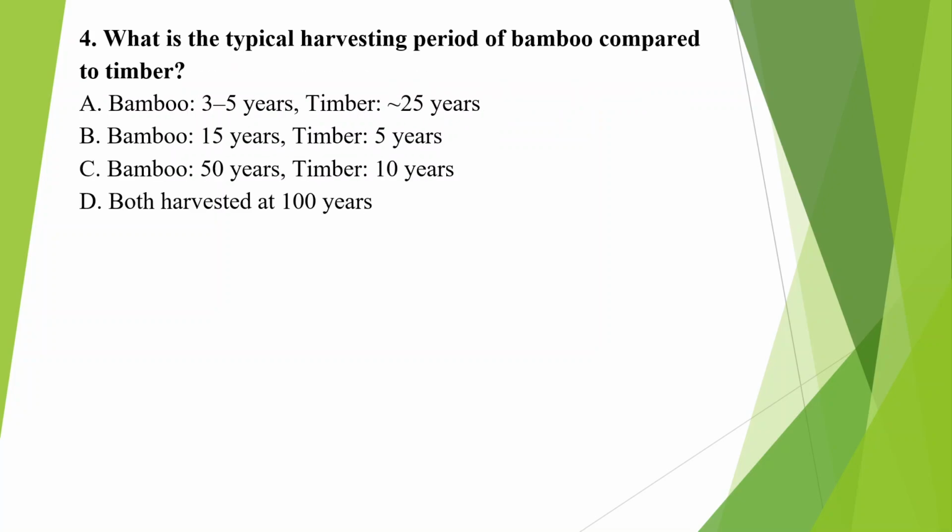So here is the fourth question. There you have to recall an answer. Only one option is correct out of the 4 options, and it is talking about the typical harvesting period of bamboo compared to timber. So you have to remember the harvesting period of both bamboo and timber.